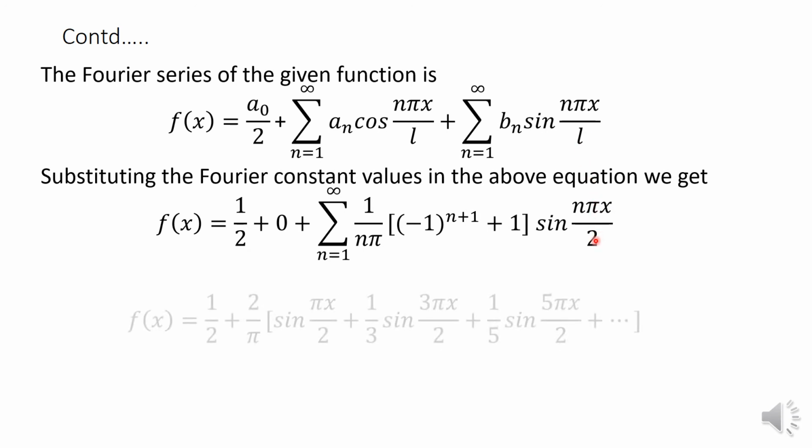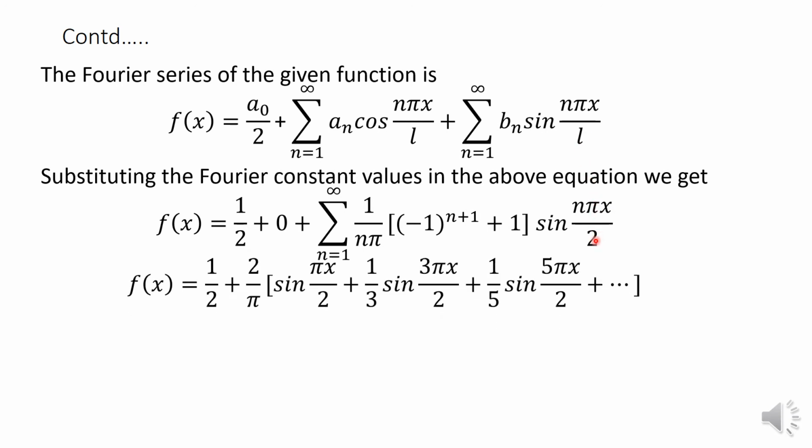Now I am simplifying this further, this 1 by 2 as it is, and I am not writing this 0. Now we are going to expand the summation, go on putting n is equal to 1, 2, 3 and so on. Observe what you are going to get.